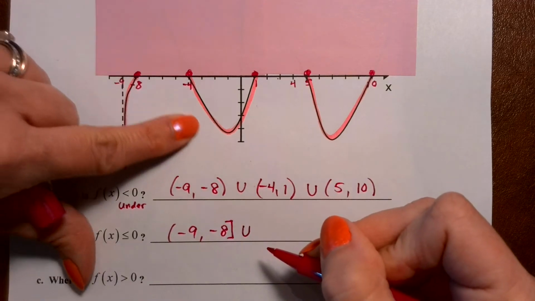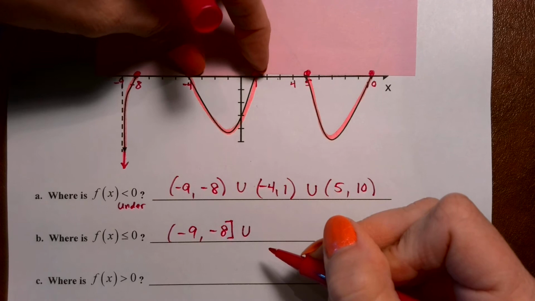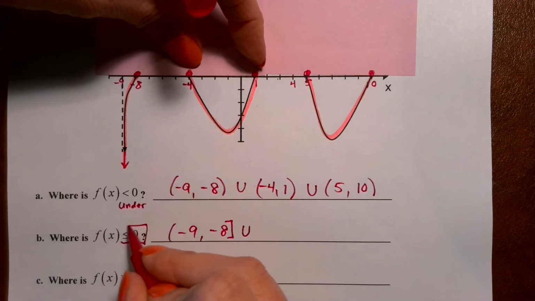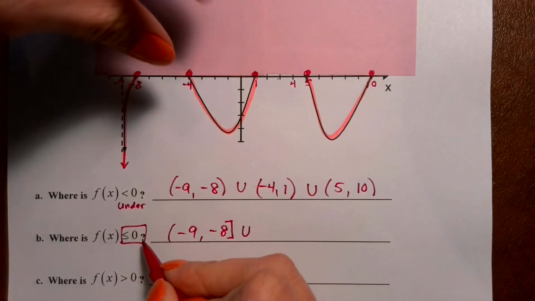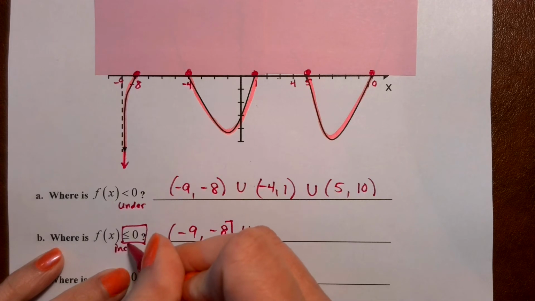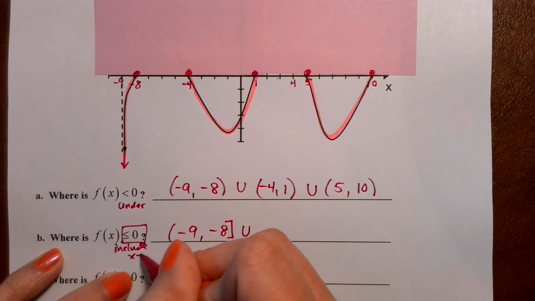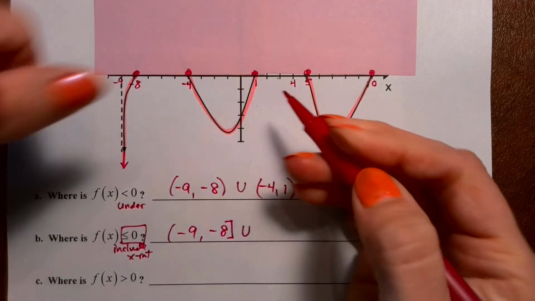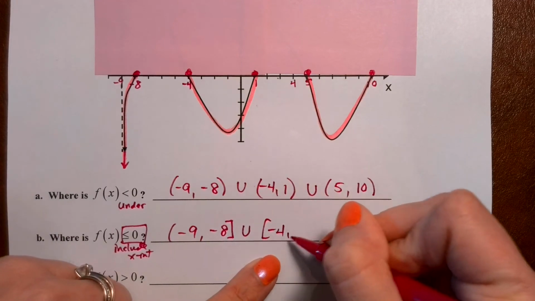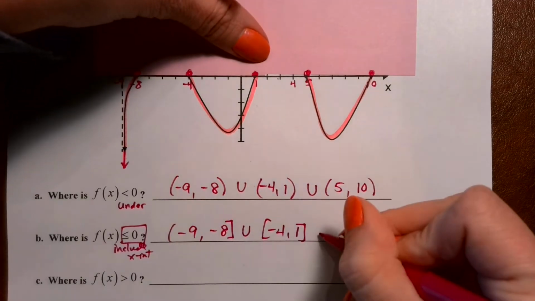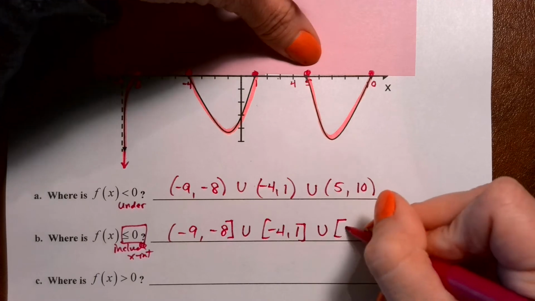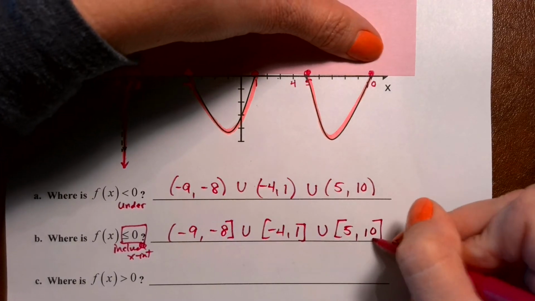Then from -4 to 1, I could include those points because it says equal to 0, so they want you to include the x-intercepts where it touches. So brackets -4 to 1, brackets, and then union, same thing here, brackets 5 to 10.